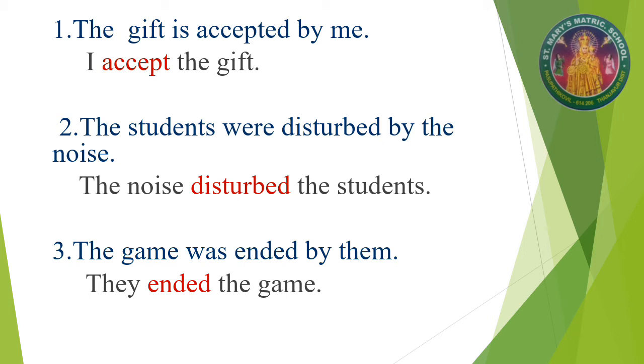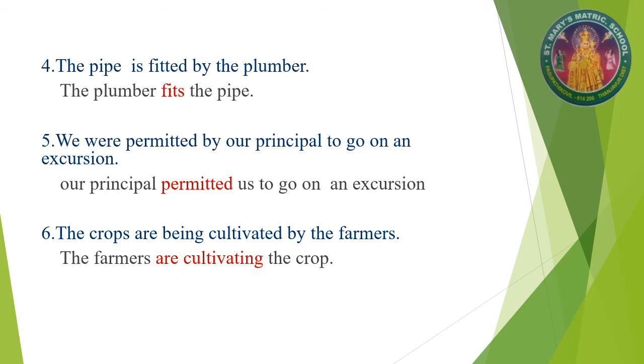Do you understand now? Fourth sentence: the pipe is fitted by the plumber. Split the sentence. The pipe is the subject, is fitted is the verb form. You have to remove the by in active voice. The plumber is the object. Bring down the object as a subject: the plumber. It is a noun form, so no changes take place; write the name as it is.